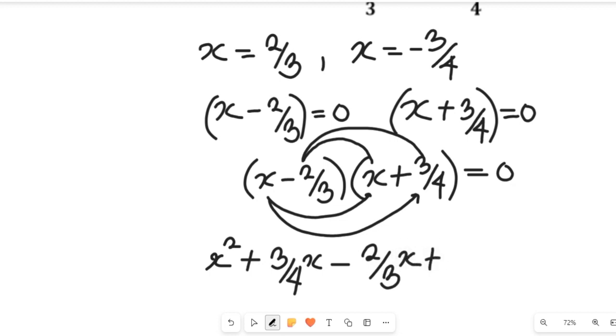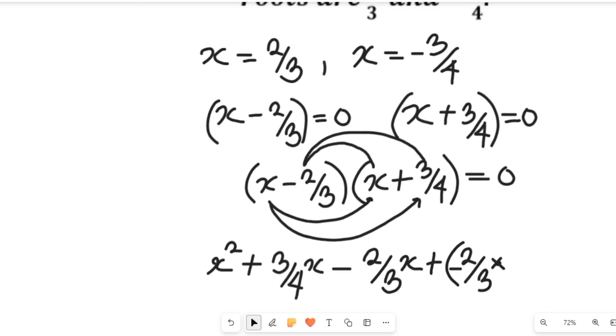Then that will give us plus, we'll have negative 2 divided by 3 multiplied by 3 divided by 4. And this will be equal to 0.